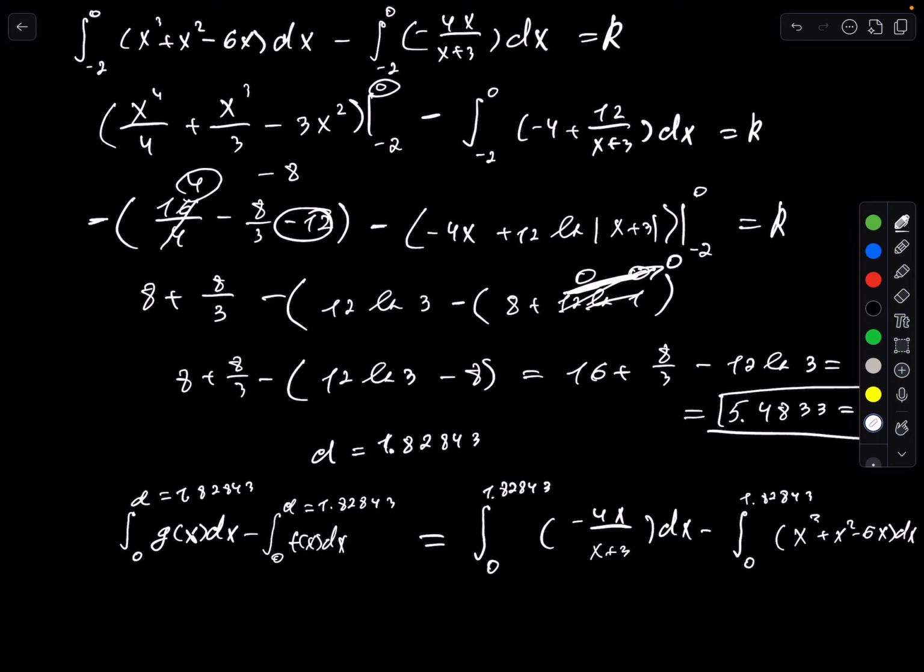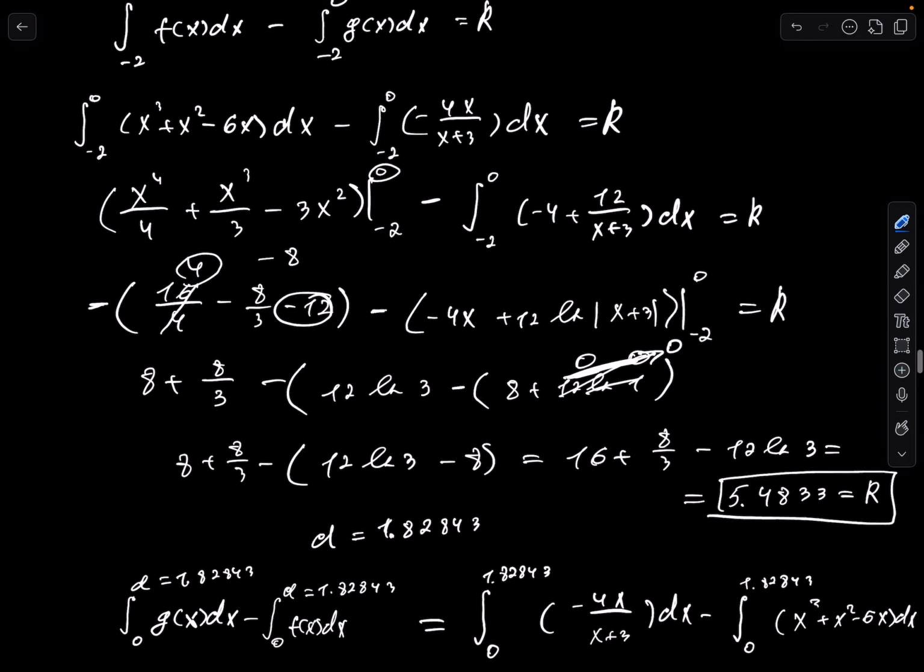Now note that we already found the antiderivatives of f of x and g of x, but now we're just evaluating them at different x points. So let's just find what the antiderivatives were. Here, this is our antiderivative of g of x.